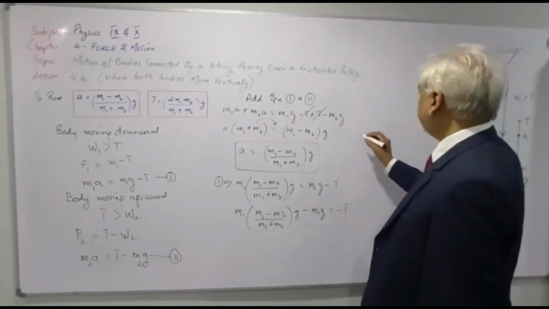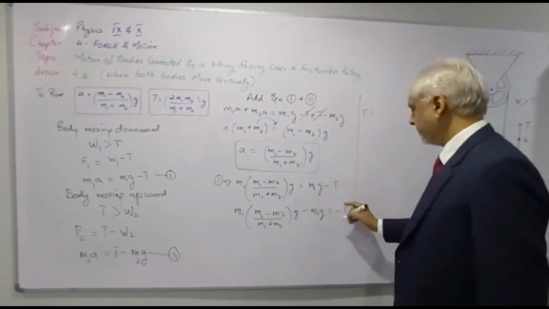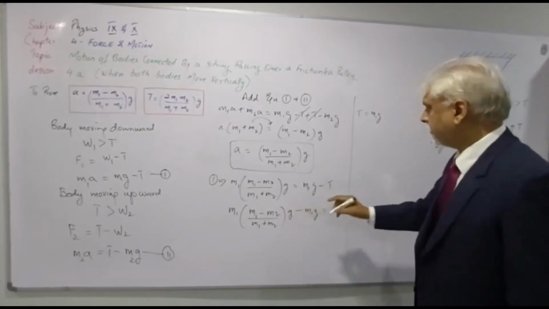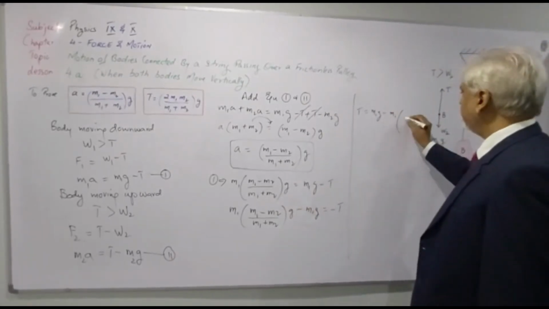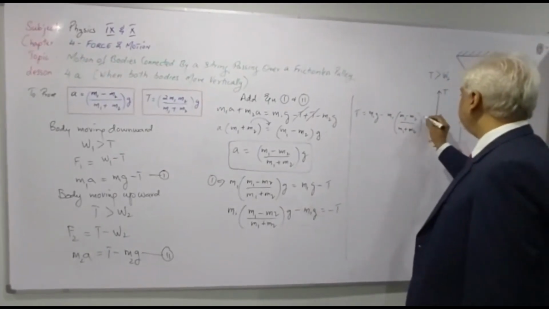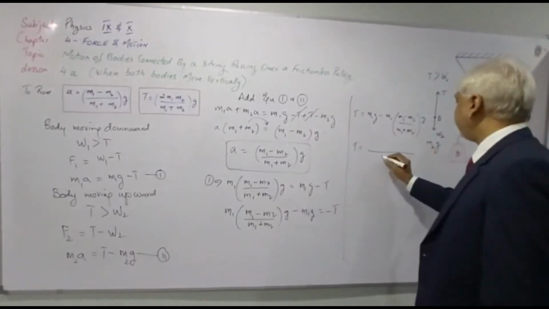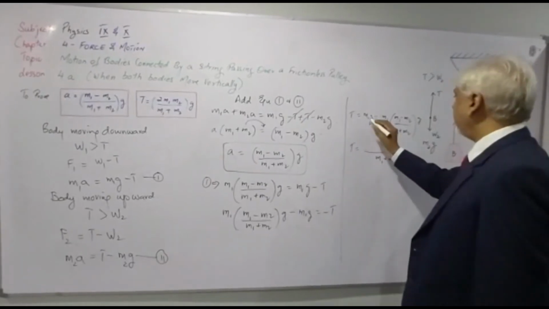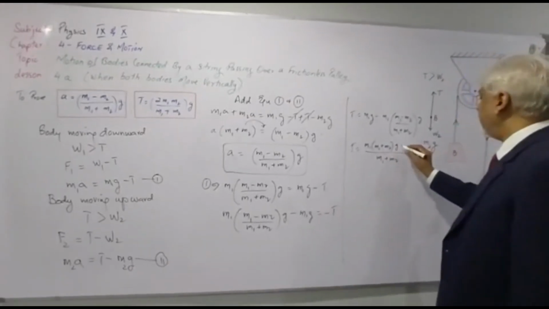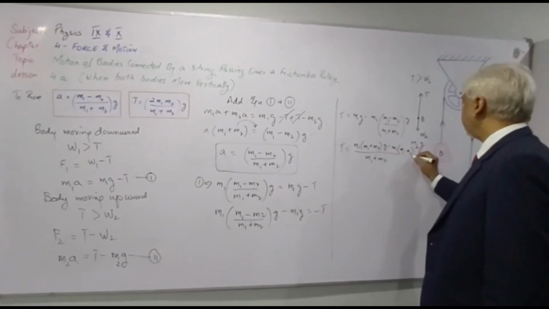Or I can write this equation as tension equals m1g minus m1 into m1 minus m2 upon m1 plus m2 times g. So taking m1 plus m2 as your LCM, I now get m1 times (m1 plus m2) g minus m1 into (m1 minus m2) g.